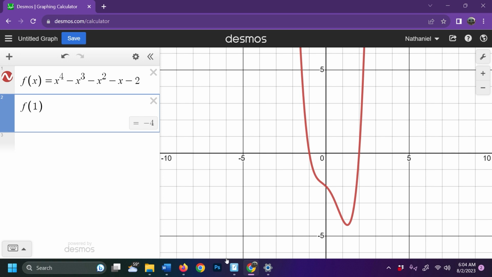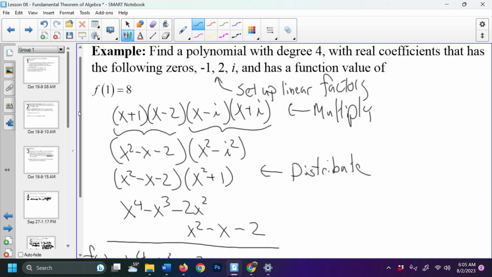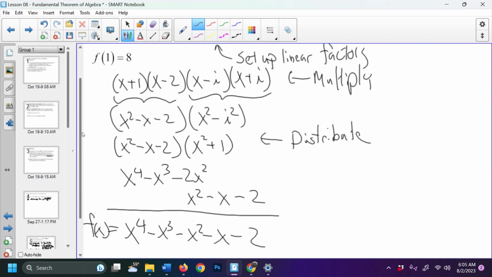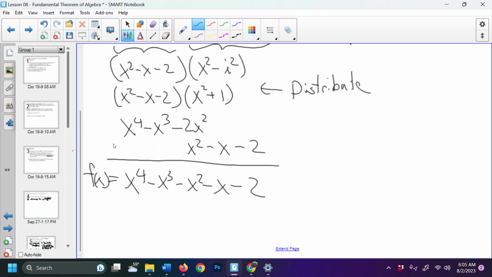Well, I need something other than negative 4. All right, I need it to be positive 8. So I ask myself, what times negative 4 is positive 8? Well, if I multiply by negative 2, I'll get positive 8. So to make this easy on myself, my final answer here, I'm going to multiply this thing by negative 2 and we'll just distribute.